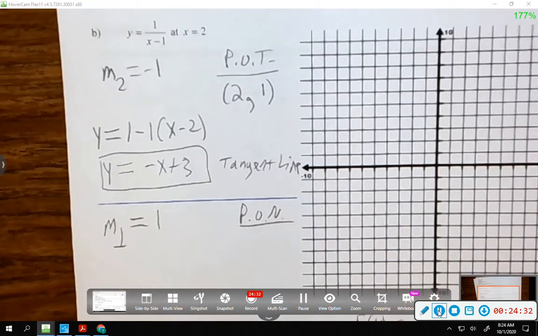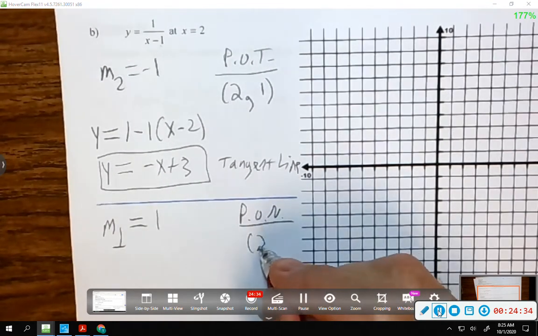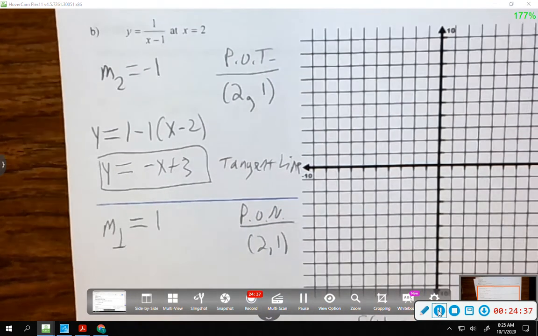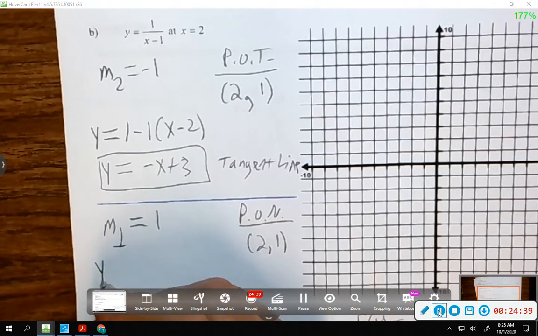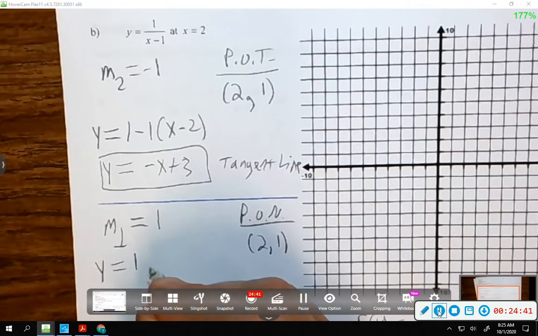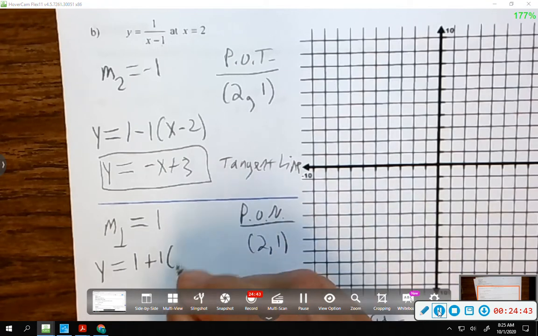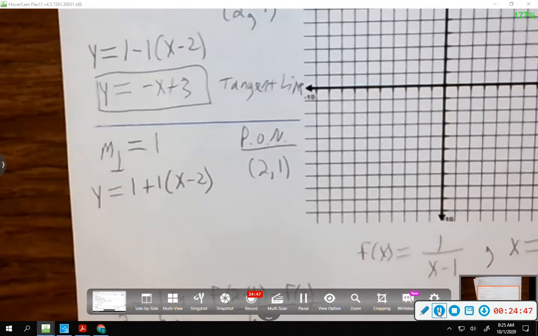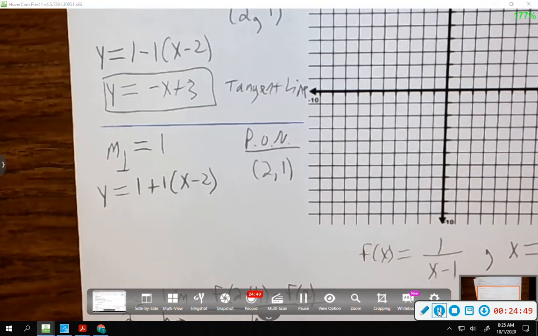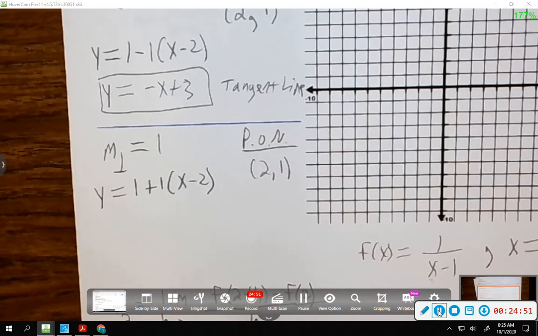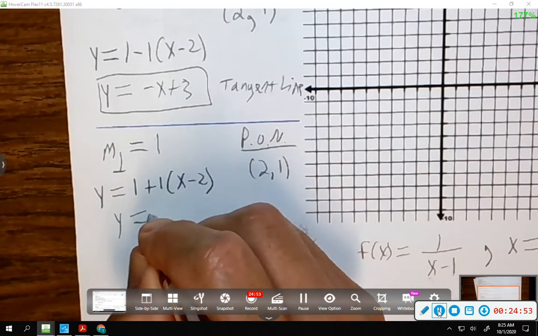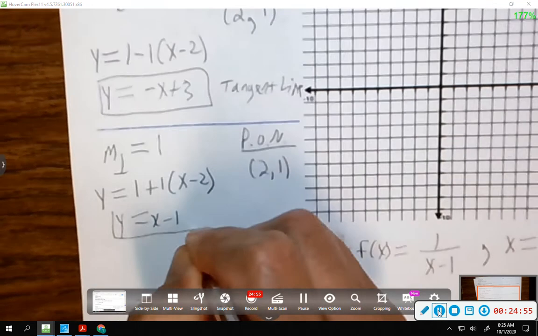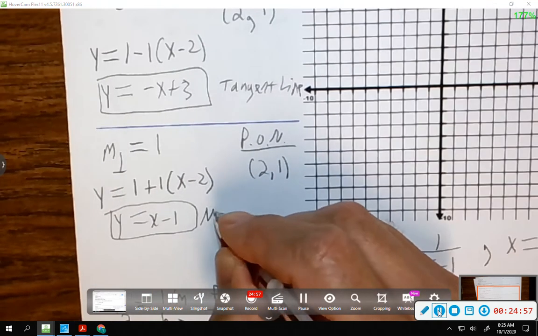It's still the point (2, 1). y equals the y-coordinate, which is 1, plus the slope times x minus the x-coordinate. So 1 times x minus 2 is x minus 2, plus 1 is x minus 1. This is the normal line.